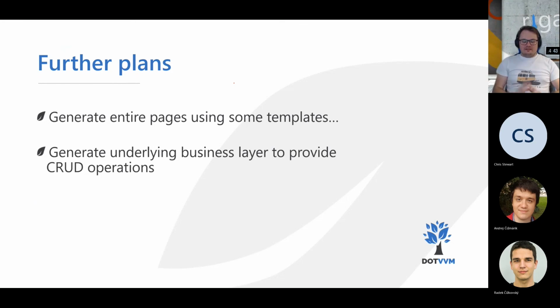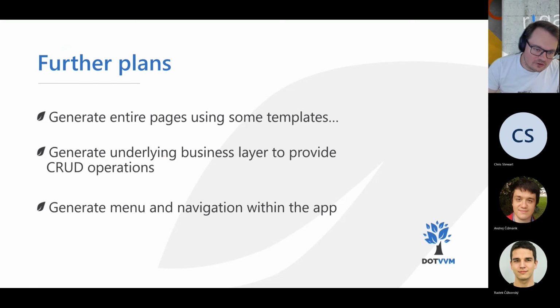That's something that we are looking at, but it is getting more and more complicated, because if you need enough extensibility points to be able to use it in real-world applications, then it can be a bit more complicated to do. But definitely that's one direction we want to go in the future. So I hope that we will be able to provide something like that.